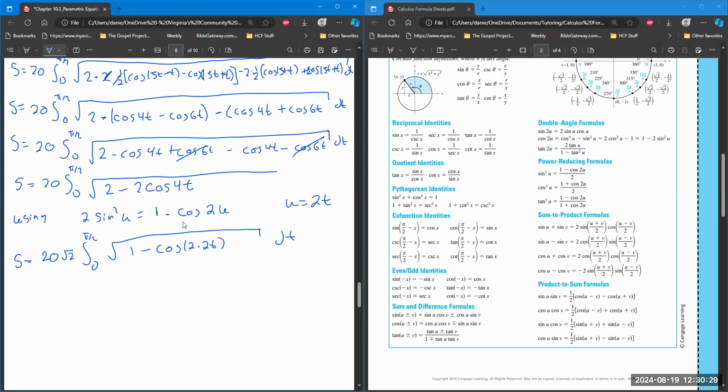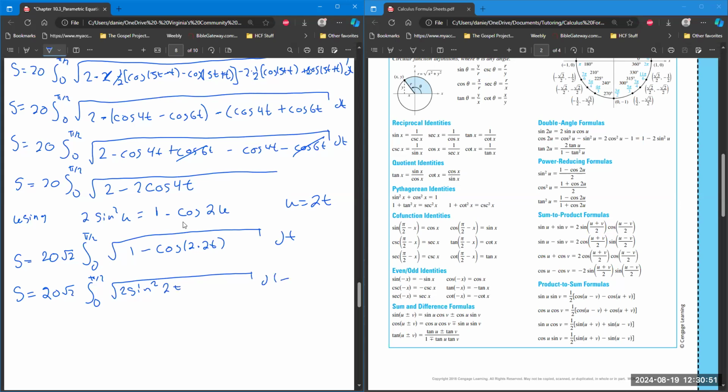I'm going to replace that inside with square root of 2 sine squared of 2t dt.